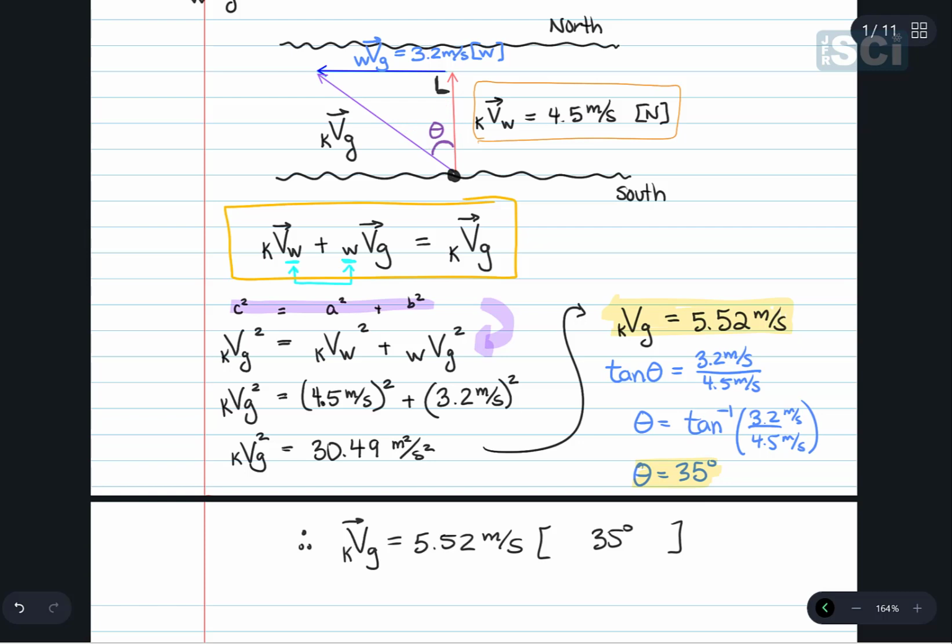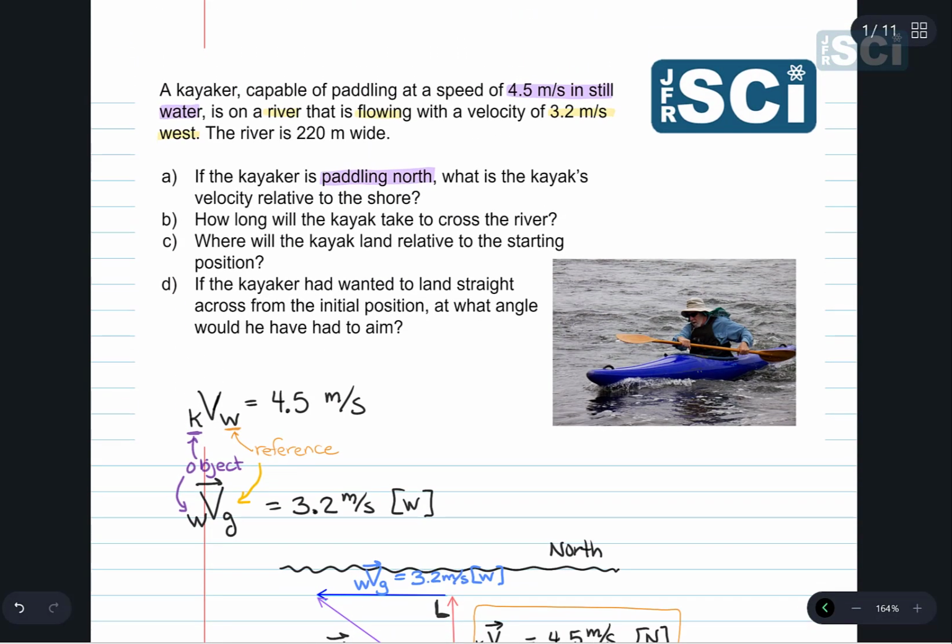So that means my direction inside my square bracket, I'm going to write north 35, because that's how much I rotate towards the west. And there we go. There's my answer for the first part of this problem. That we know that the kayaker relative to the ground is moving at 5.52 meters a second, north 35 degrees west.